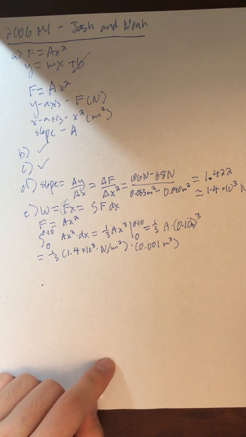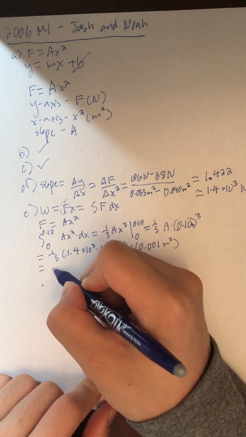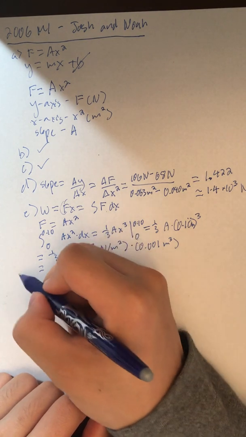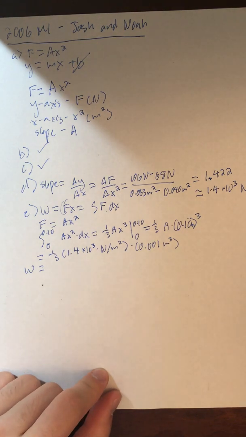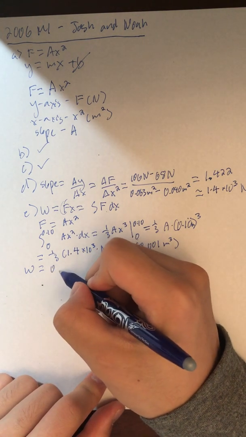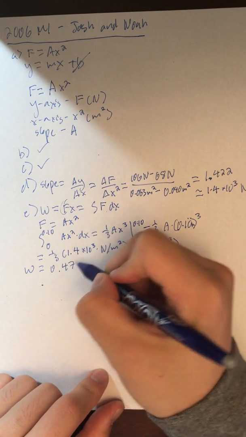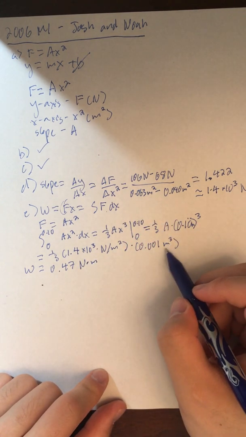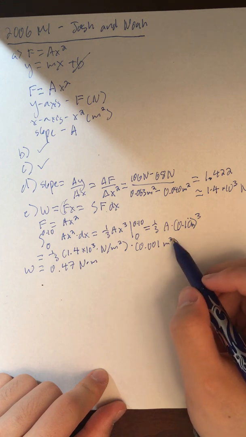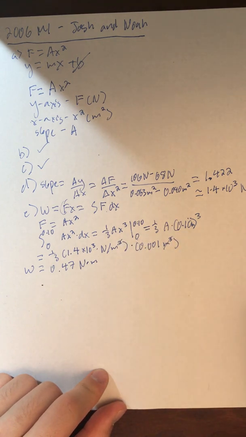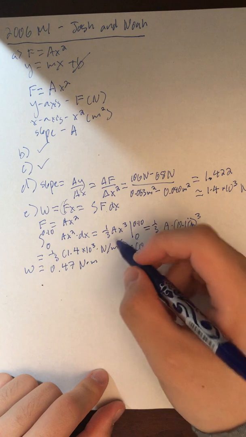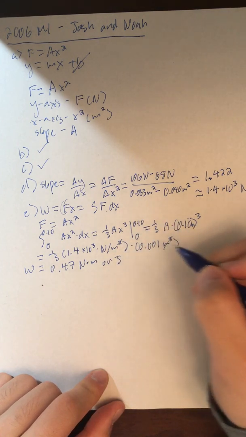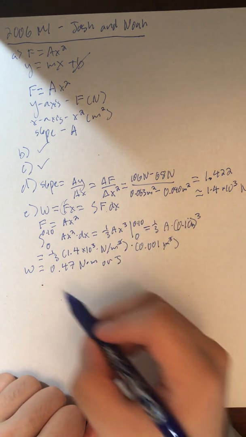And then the value that we eventually end up with for work is somewhere around 0.47 newtons per meter, since if you use these units, they cancel out to be newton meters, or joules as we know them, the more common unit for work.